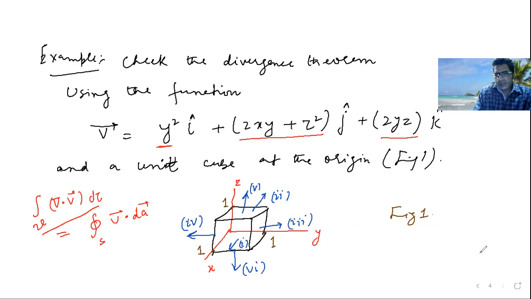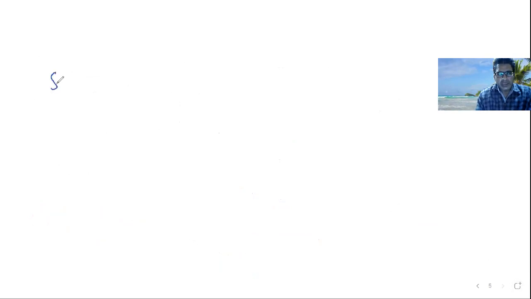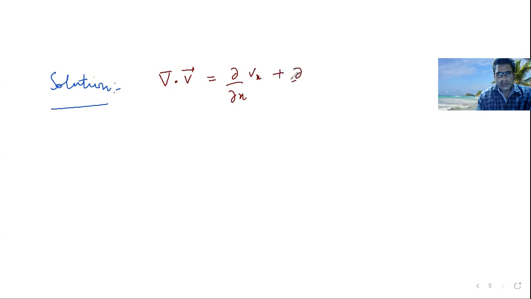Okay, now we move to the solution. Now solution is like this. Try to understand it. So I first find the divergence. Then I have to find dou by dou x of vx plus dou by dou y of vy plus dou by dou z of vz.